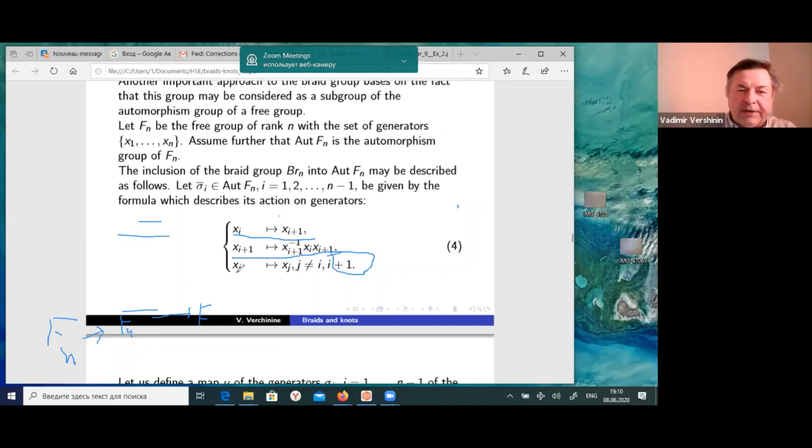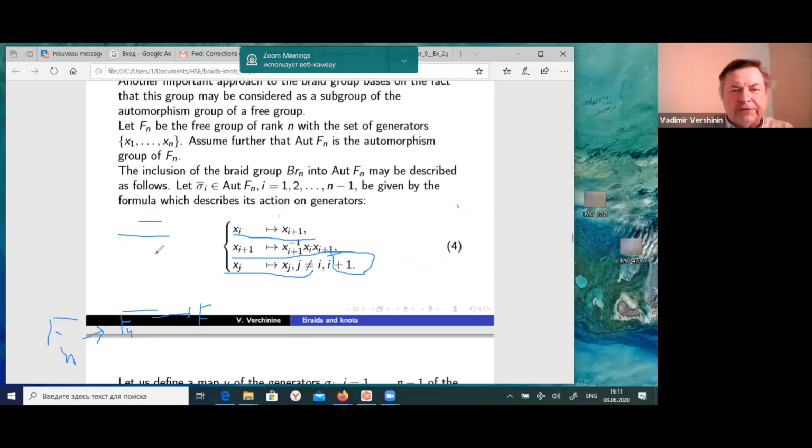And as far as other generators are concerned, they are constant: xj goes to xj if j is not i or i+1. So only a small portion of the generators is concerned.